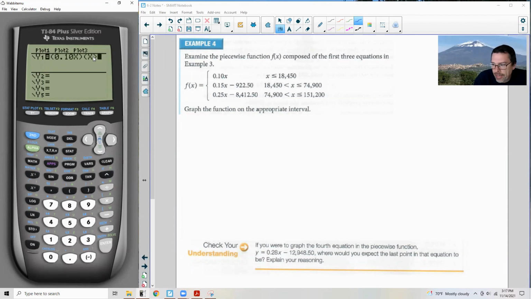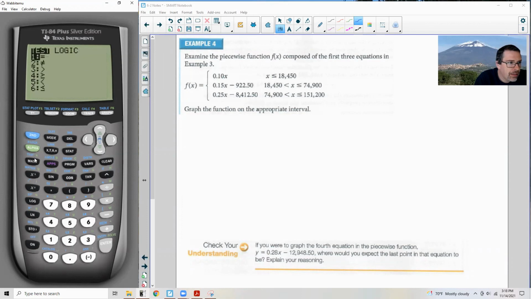So now it says x is greater than 0. And then I put second math. I want the word and. Go over to logic, and it's number 1. So I'm saying use this equation when x is greater than 0 and x is less than or equal to 18,450.